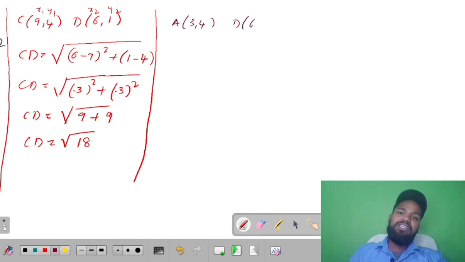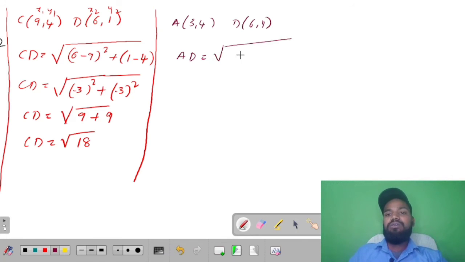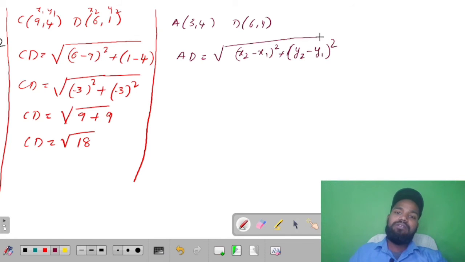D value is (6, 1). So now AD equals, already we know the formula, right? Under root (x2 minus x1) whole square plus (y2 minus y1) whole square.